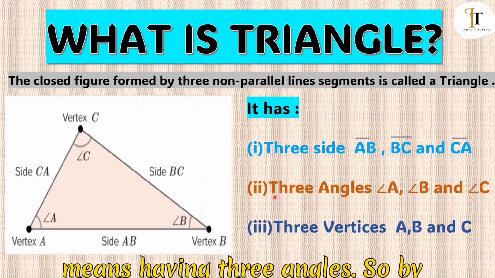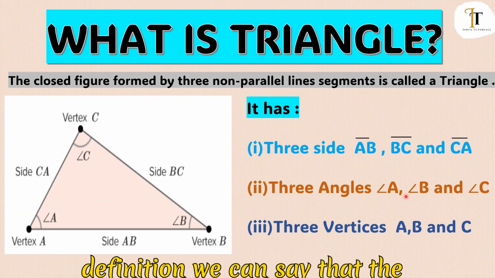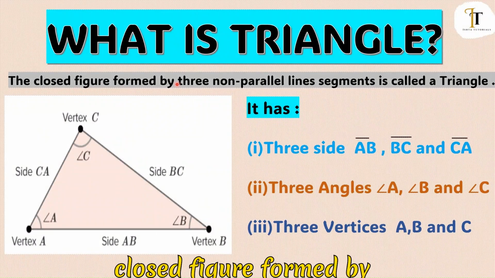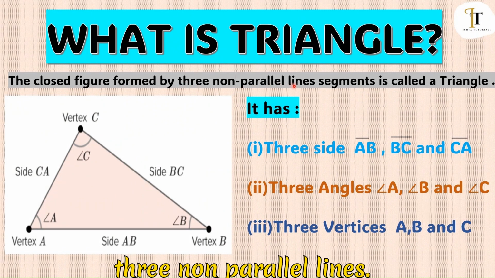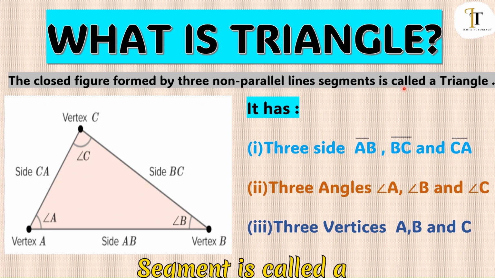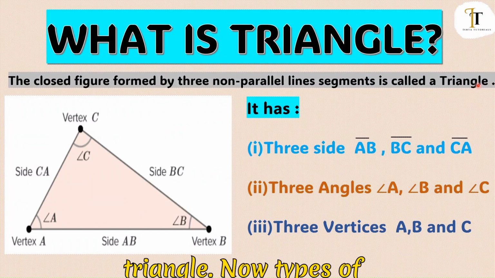Triangle means having three angles. So by definition, we can say that the closed figure formed by three non-parallel line segments is called a triangle.